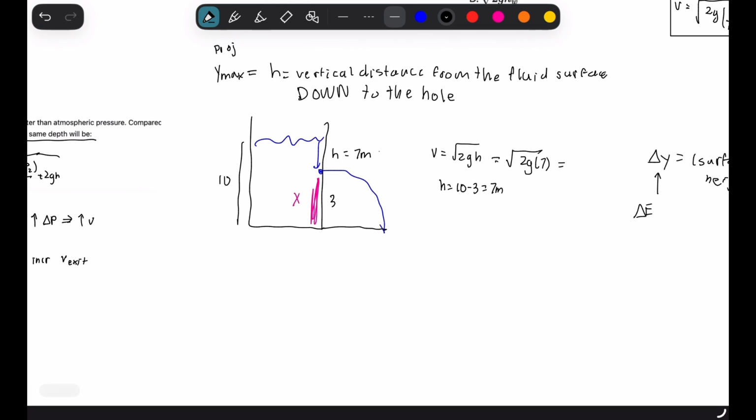That is your critical reason, because you have to understand that the fluid is going to fall from the surface to the hole, not from the floor up to the hole.